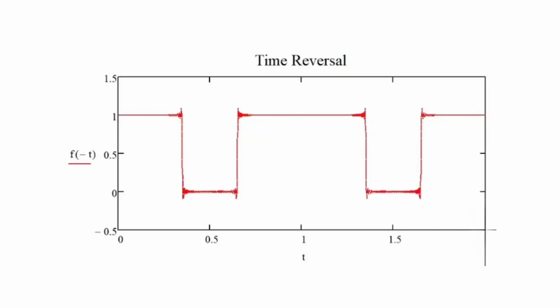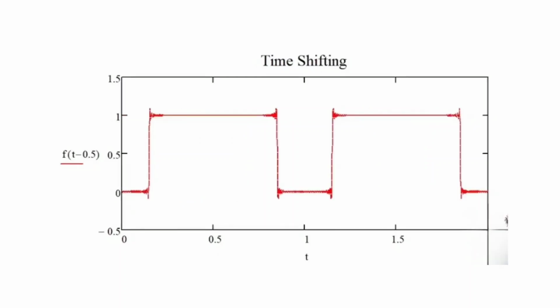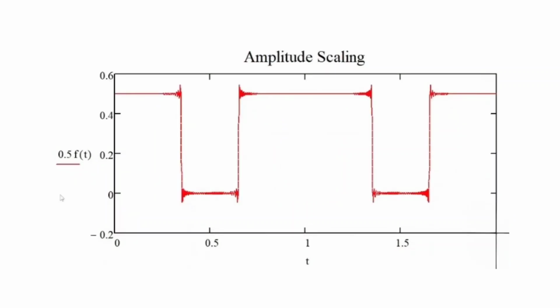First is time reversal, wherein it was shown in the graph that the time is reversed. Next is time shifting, wherein f of t minus 0.5 affected the waveform of the derived rectangular form. Next is amplitude scaling, wherein 0.5 times f of t affected the amplitude of the rectangular waveform by 0.5.